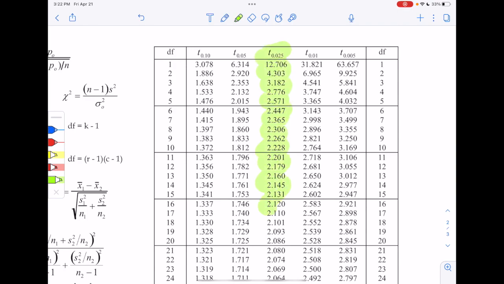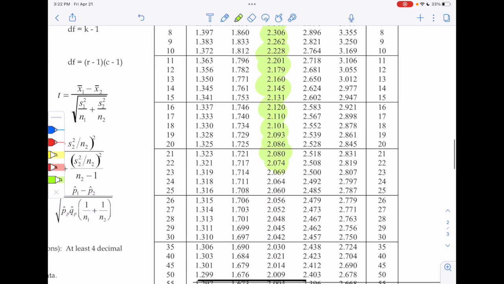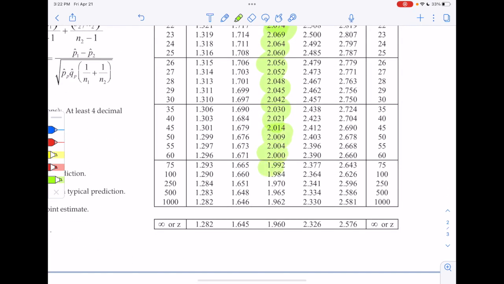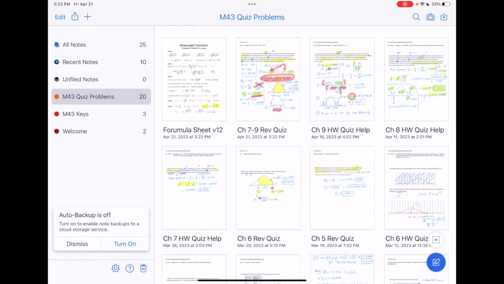All of these are t-scores with 0.025 in the tail, but we just keep going down that column. Again, all t-scores. We get to this break, that one down there at the bottom, that one right there is our z-score. Z-scores are in the separated row. All right, so 1.960 for our z-star.